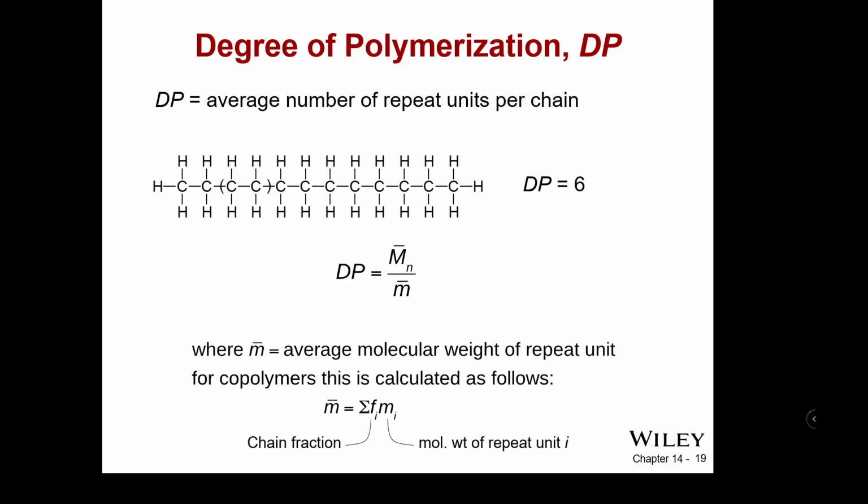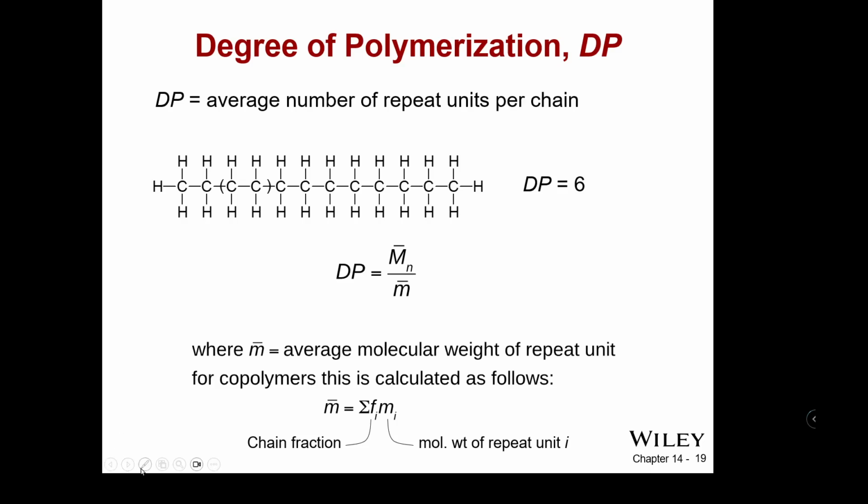So it's important to be clear, especially when reporting these methods. We want to know what was used and what steps were taken to evaluate some of these details, some of the physical properties of these materials. So degree of polymerization, dP, is the average number of repeat units per chain. So we have a degree of polymerization of 6.